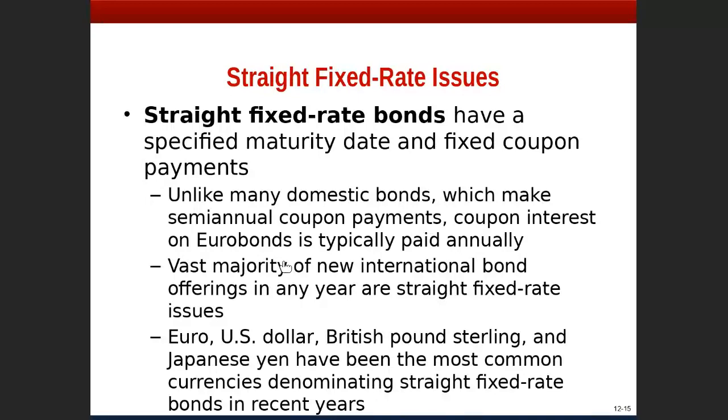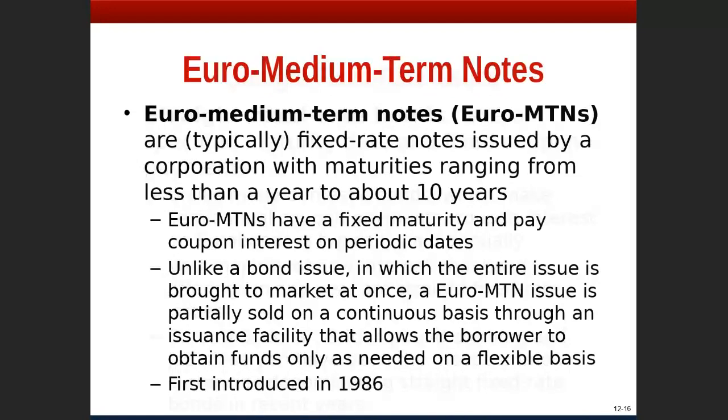The vast majority of new international bond offerings in any given year are straight fixed rate issues. Euro, US dollar, British pound sterling, and Japanese yen have been the most common currencies denominating straight fixed rate bonds in recent years, in recent memory.